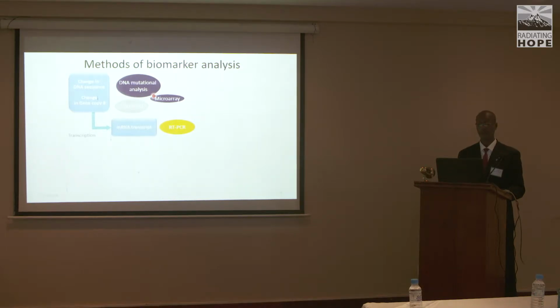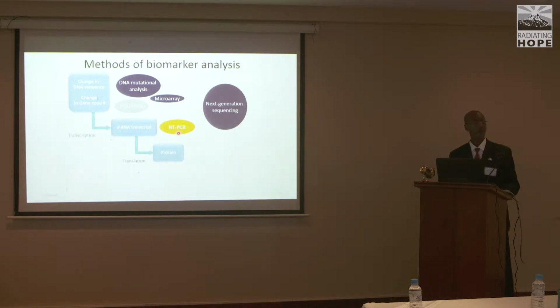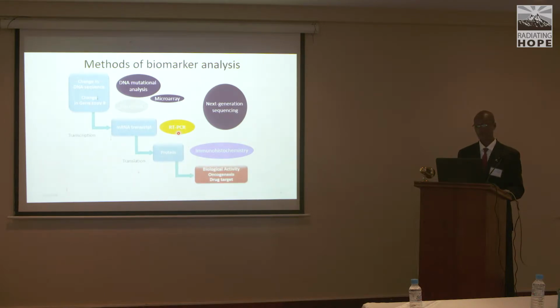We can make some analysis through FISH or CISH or microarray and RT-PCR, and then next generation sequencing. mRNA transcripts conduct protein secretion and synthesis. Those proteins are detectable by immunohistochemistry, but also you have biological activity, oncogenesis, drug target.